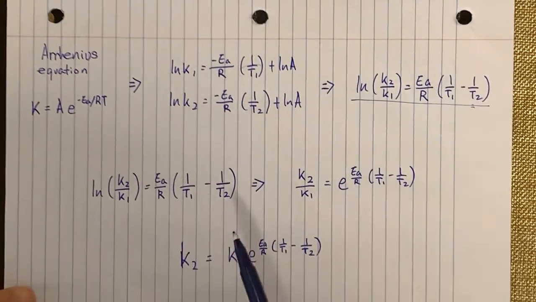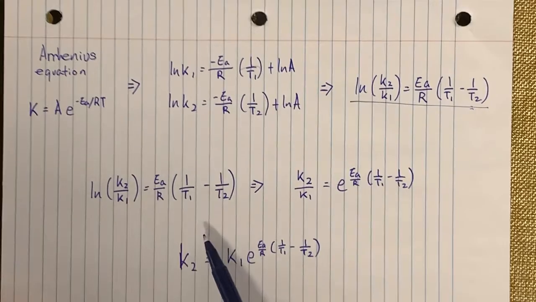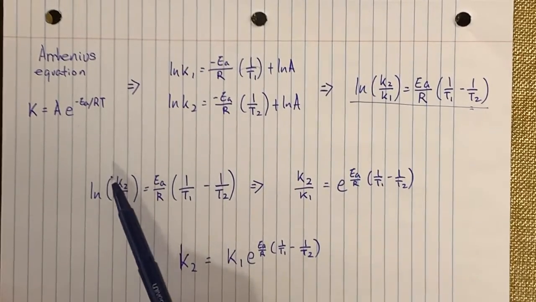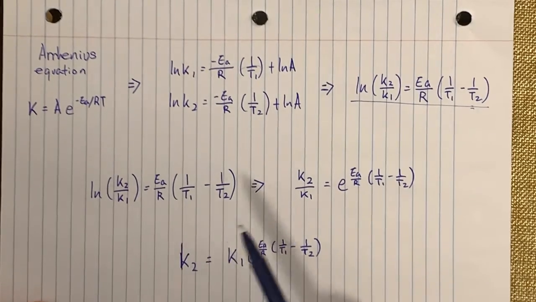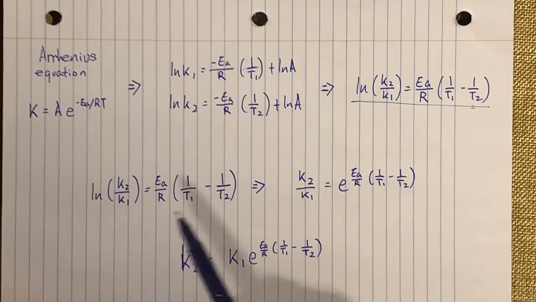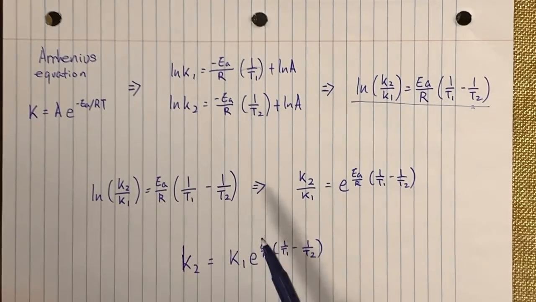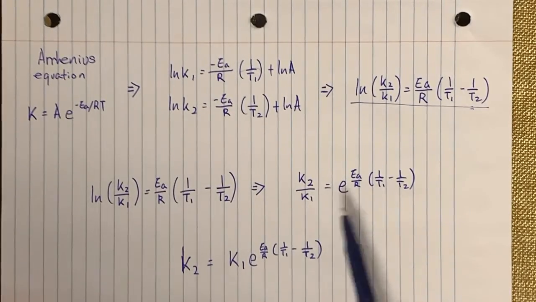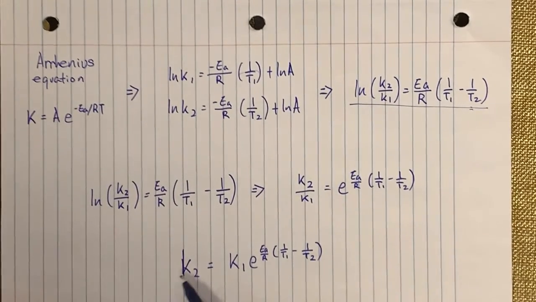The question asks us to find the rate constant of a reaction after a temperature change. We use K2 to represent the rate constant after temperature change. We can take the natural log on both sides of the equation to get rid of the ln. Then we can multiply both sides of the equation by K1 so that K2 stands on its own.